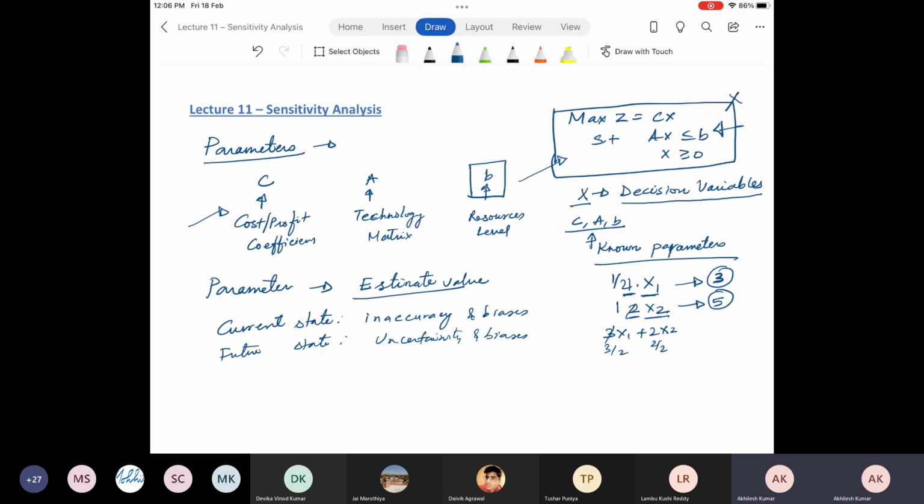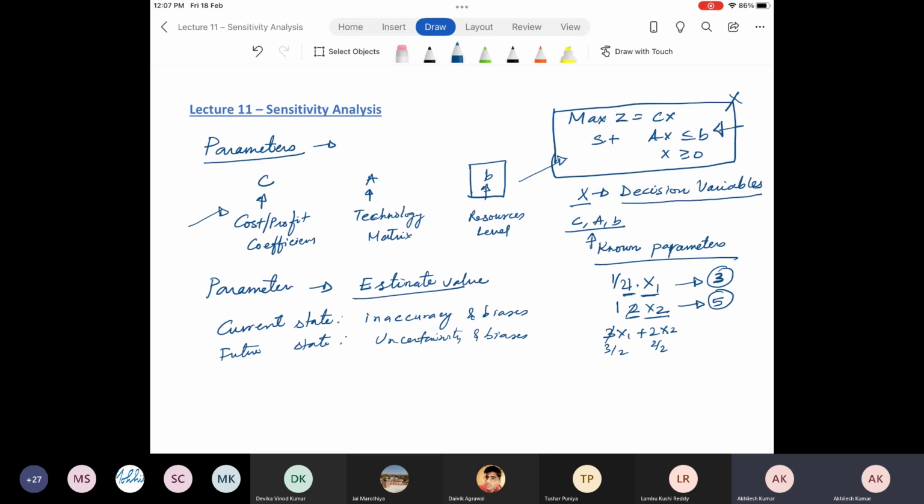Bias generally comes from many of the qualitative methods. Like for forecasting, one of the methods is the Delphi method, where experts sit together, the VP of sales sits with all the sales managers and tries to take their feedback on how our product is performing in each region. So each individual has their own biases, which may change the projection.